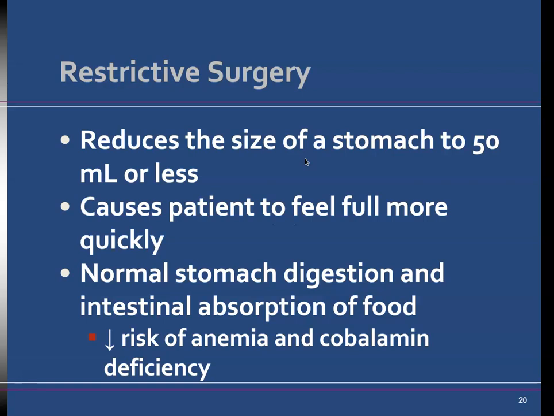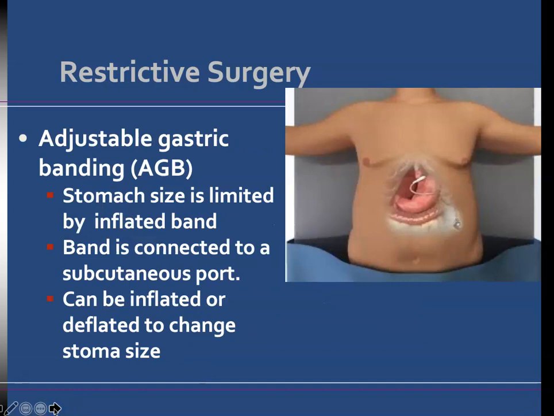So these patients have to have supplements. Adjustable gastric banding, AGB: the stomach size is limited by an inflated band, and the band is connected to subcutaneous ports, which can be inflated or deflated to change the stomach size.